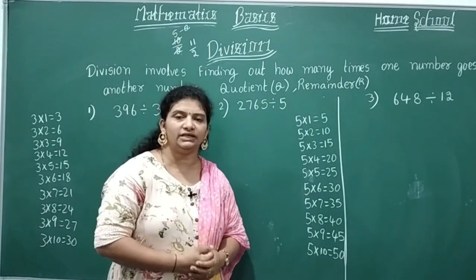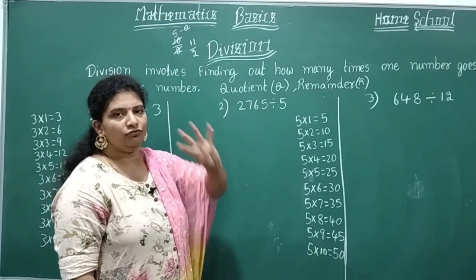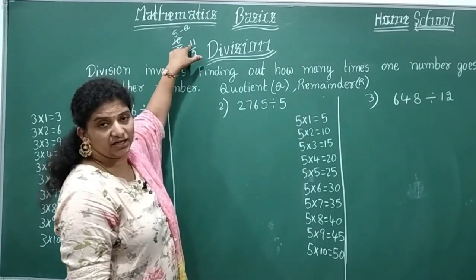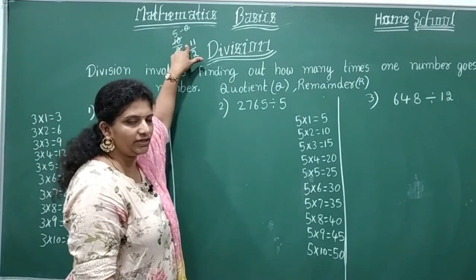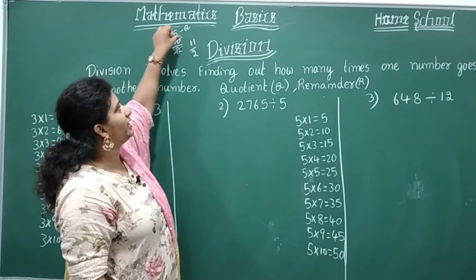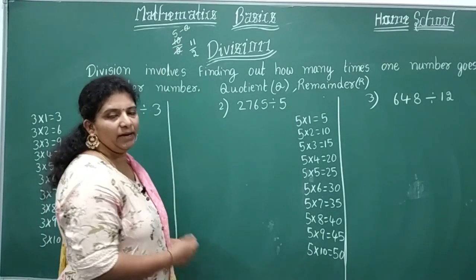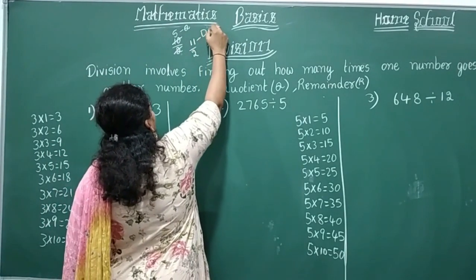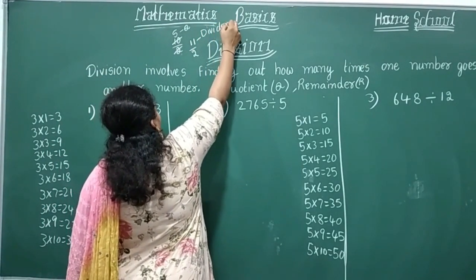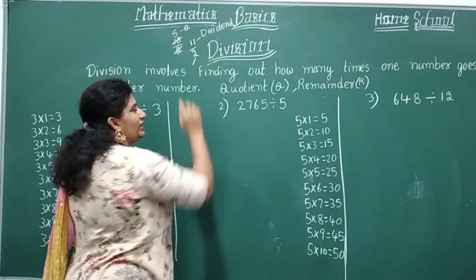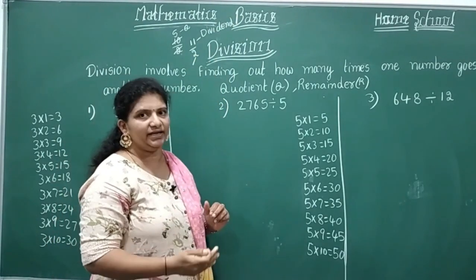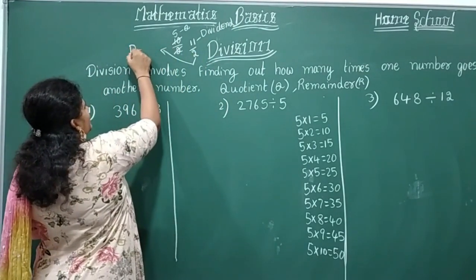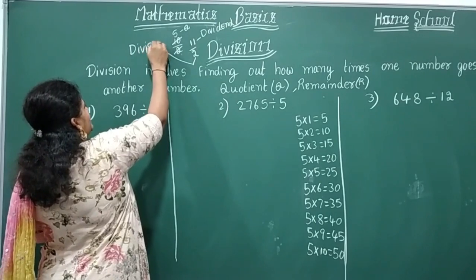When we do division here, children, there are 4 names you should remember. The numerator is used in a fraction; later you will learn what a fraction is. Here, the number you are dividing is called the dividend. And the number you are dividing with is called the divisor.